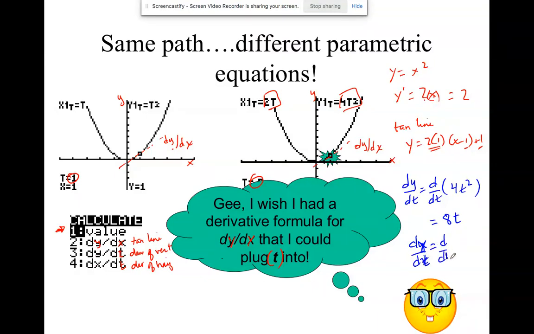That is the derivative of the x component. What is dy dx? Well, that is a ratio of the derivative of the y component with respect to t. Slope, y is always on top, compared to the rate of change of dx dt.